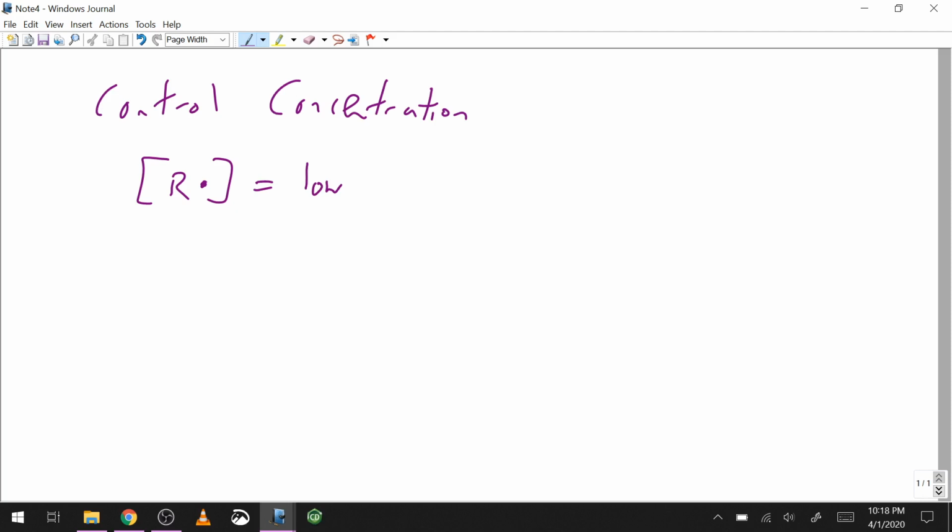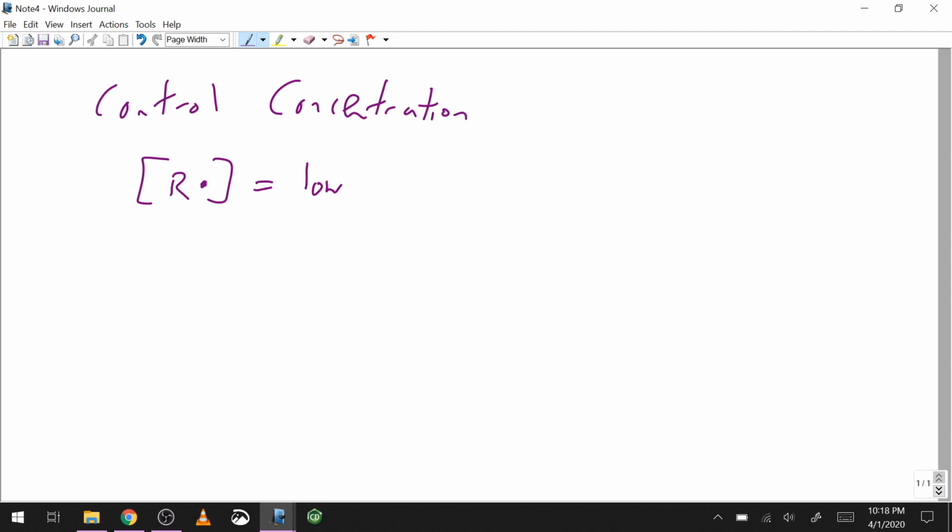The terminations fall off with a second order, whereas the propagations are only first order. So I have more room with concentration to still have a functional reaction and minimizing the termination steps by lowering that concentration. So this reaction is very touchy about concentration.